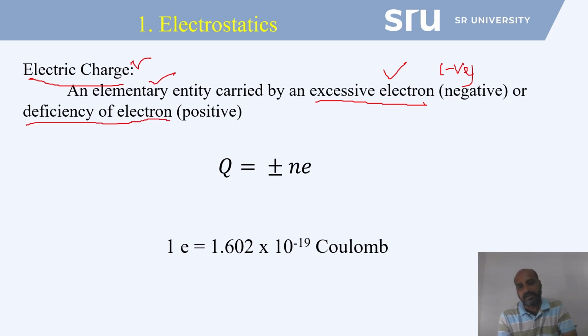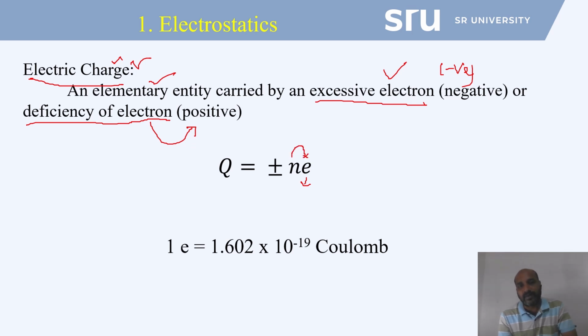So if there is any deficiency of electrons, we will say positively charged, and the reference to measure the electric charge is the electron. So that excess of electrons or deficiency of electrons may be more than one also. So that's why in general we will write n times the electron.